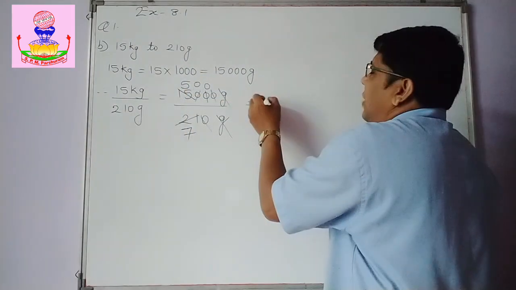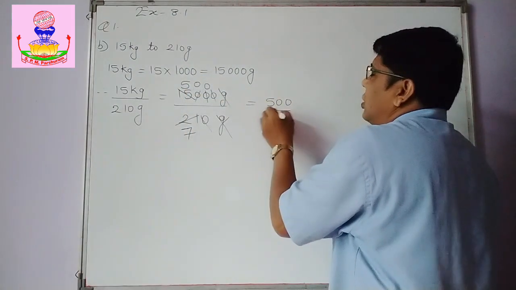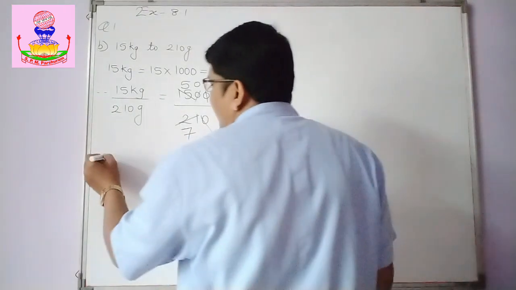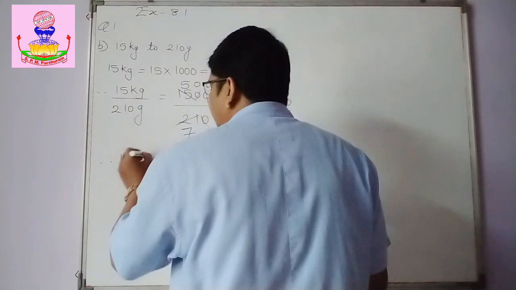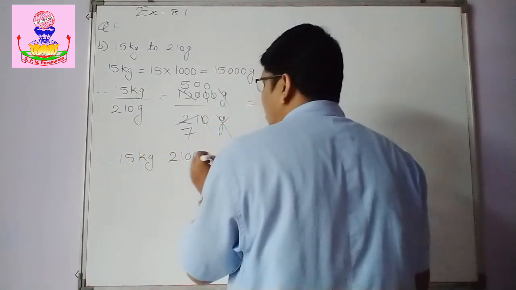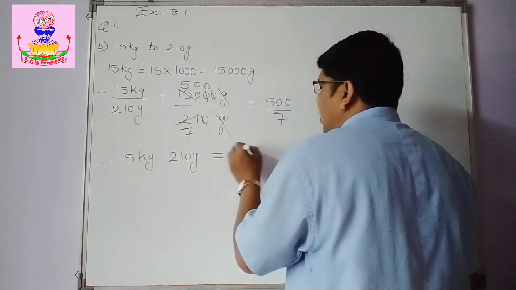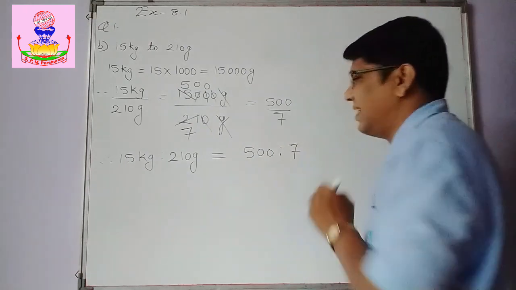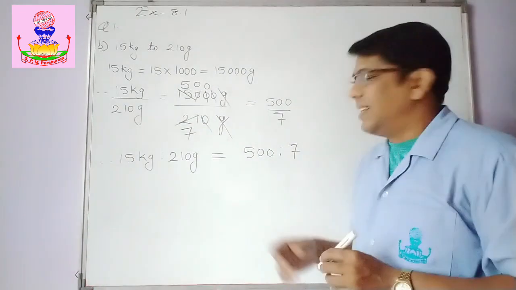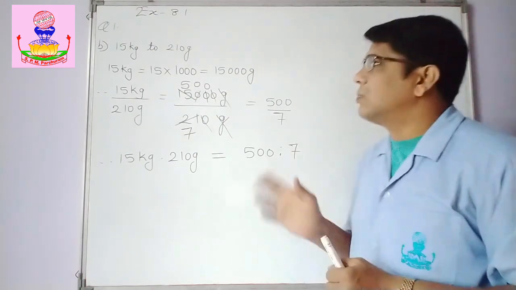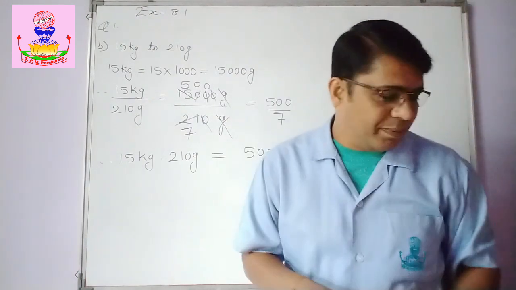So what do I get? 500 upon 7. So now we can write the ratio. Therefore 15 kg is to 210 grams is equivalent to 500 is to 7. So what is the ratio? It is 500 is to 7. Do you get it? Now let's move to the next example.